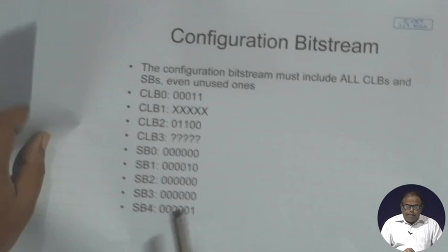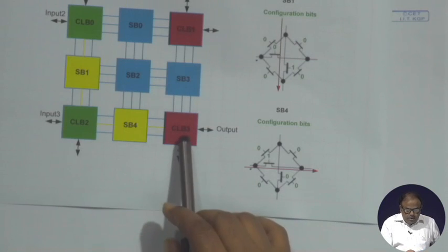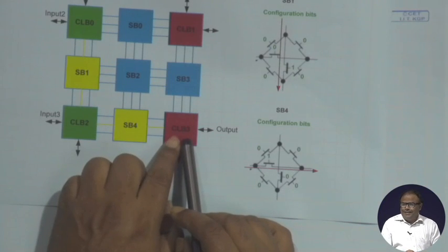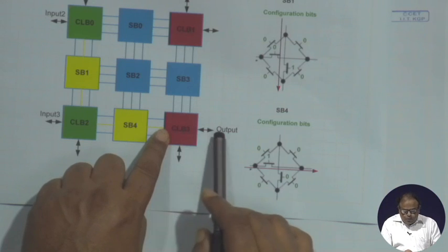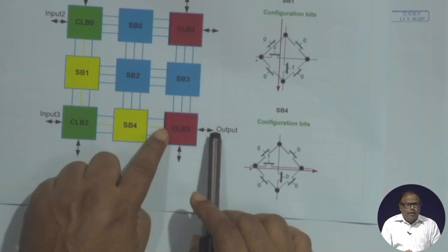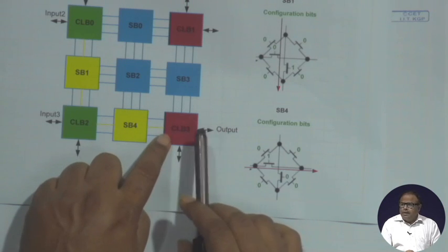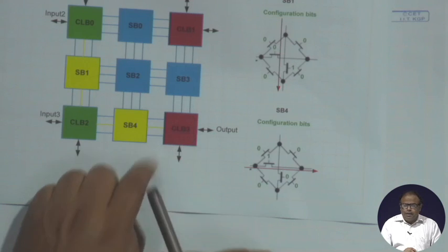Now, what will happen to this CLB? Data will come from here and come out from here without any transformation. So, how should I program this CLB?